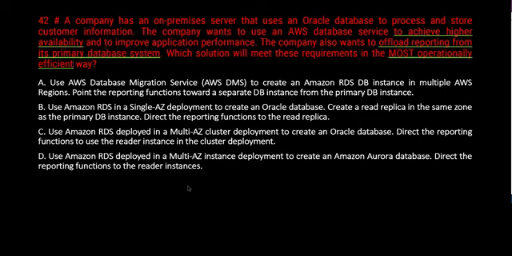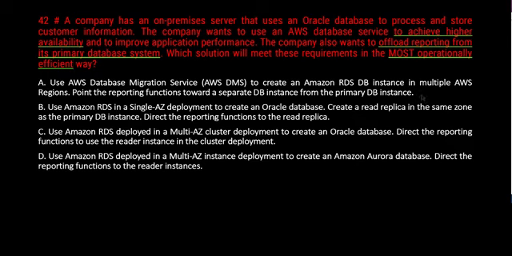Whenever you see this kind of thing, where they say we want a separate database for the reporting, we don't want to overrun the main one, just look for any multi-AZ deployments, because multi-AZ deployments will come with the primary, and then you will have another secondary one that is also running.